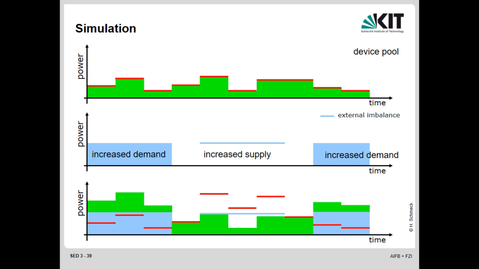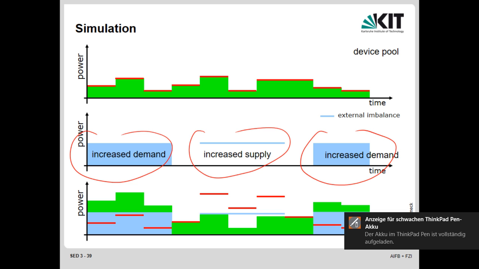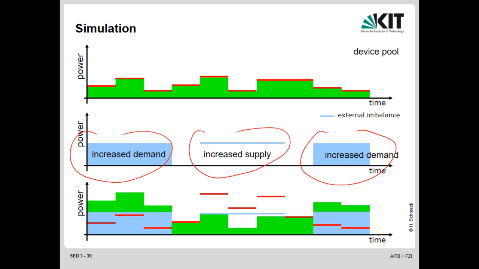Here is the simulation. So there's the device pool having a certain schedule, and now we assume we have an increased demand in the initial period. We have an increased supply there in the intermediate period, and there again we have increased demand.